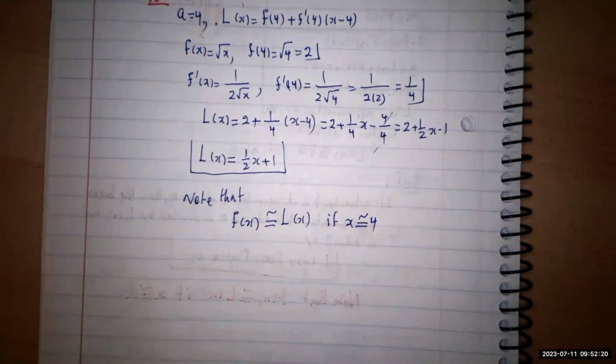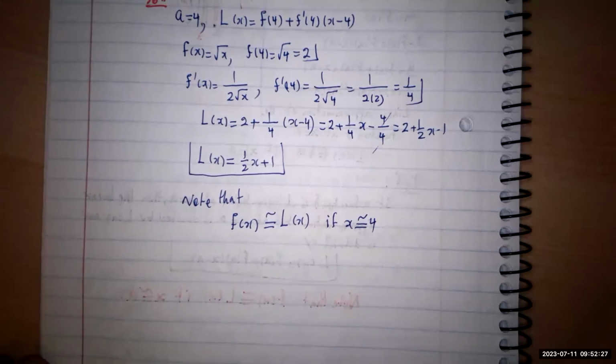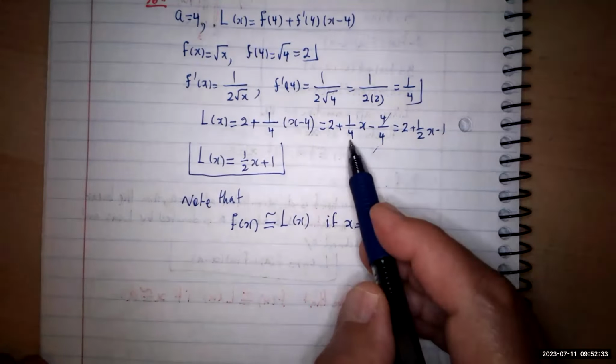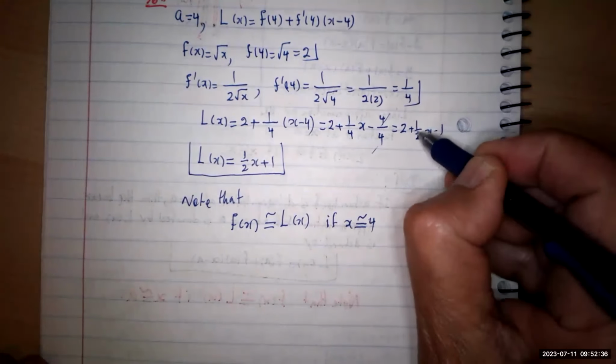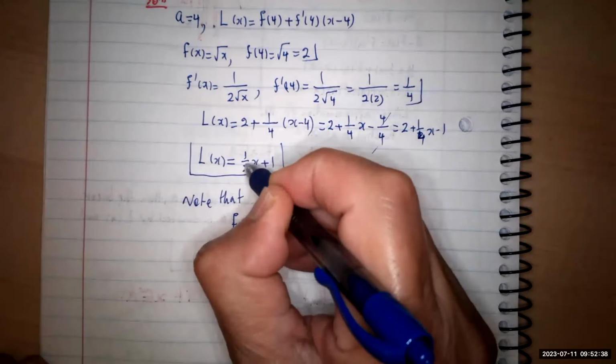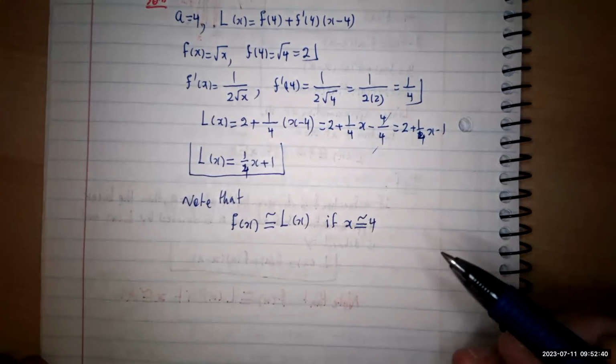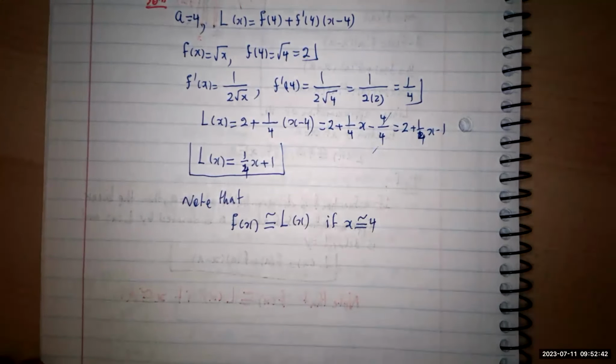So you cannot use 9, you cannot use 5, 7, close to 4. Any question? Yeah, is it supposed to be 1/4 x plus 1? Yes, you are right. Thank you. A quarter. L of x is a quarter x plus 1, and you are right. Very good.